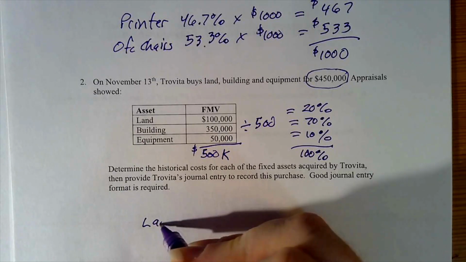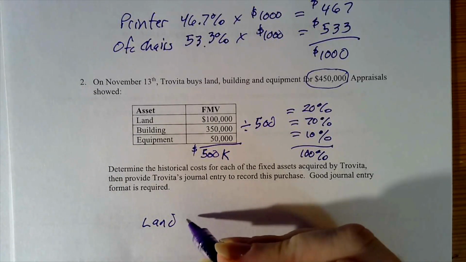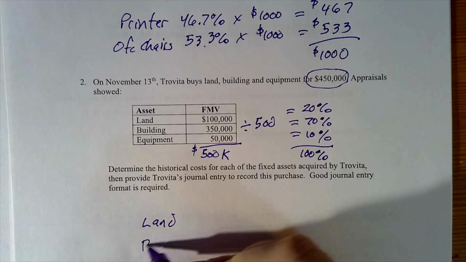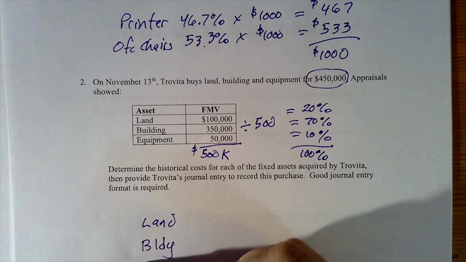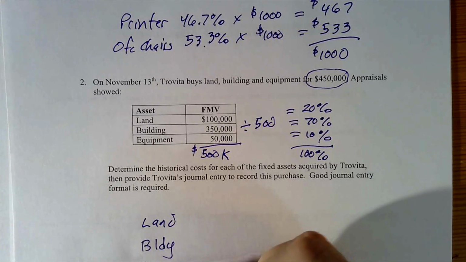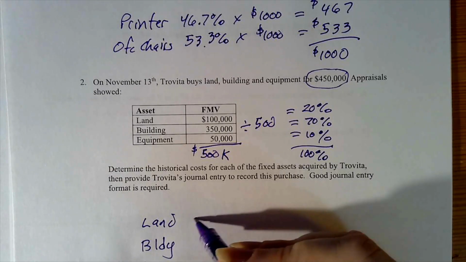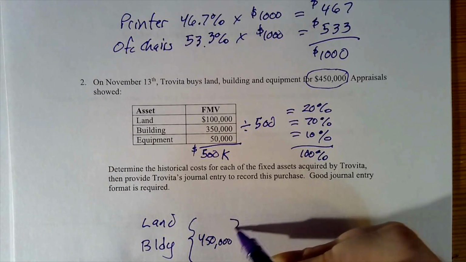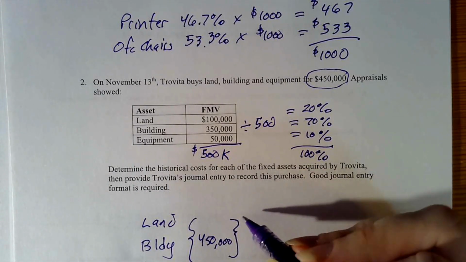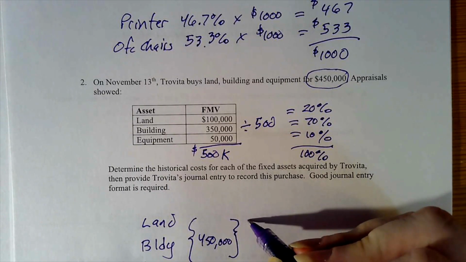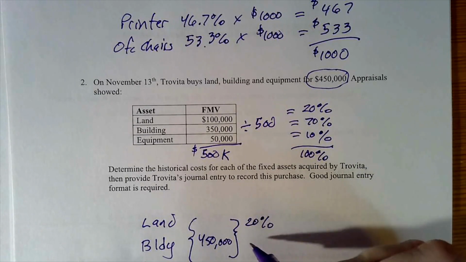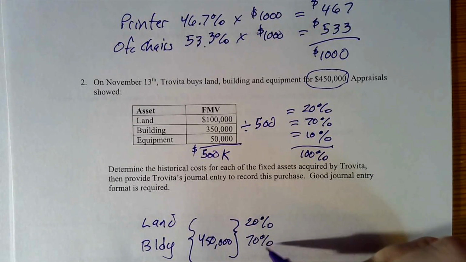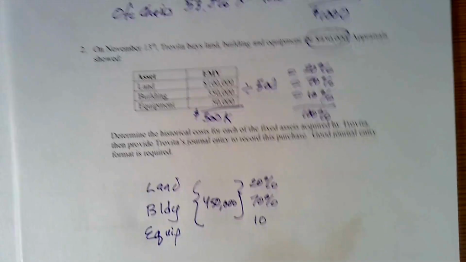I would take the land, the building, and the equipment. And I would say, all of these, I spent 450,000, right? But the land is supposed to be 20% of it. The building is supposed to be 70% of it, and the equipment is supposed to be 10% of it.